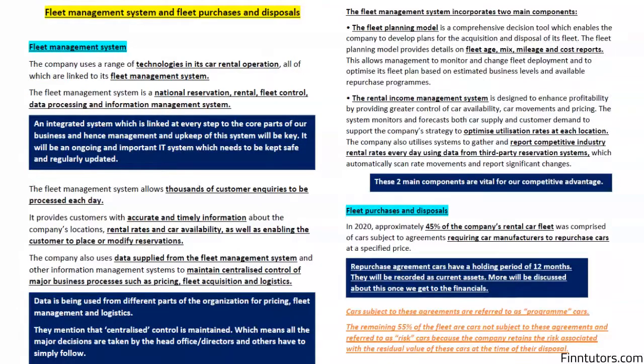The fleet management system is a national reservation, rental, fleet control, data processing, and information management system. See, it is a combination of many different things. It helps you with reservations, rental, fleet control, data processing, and information management.